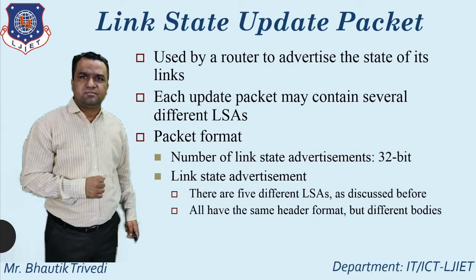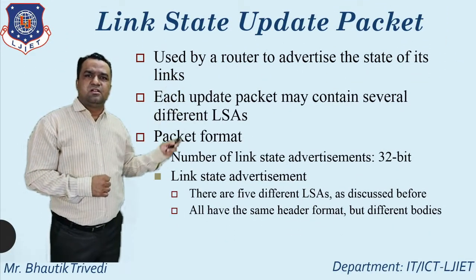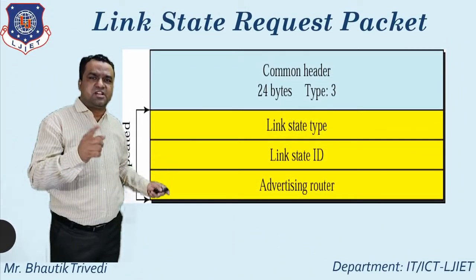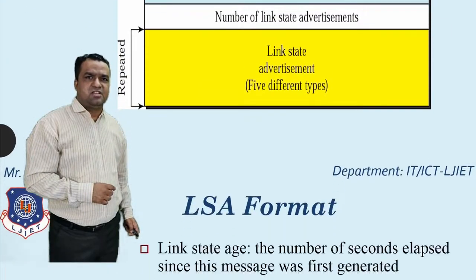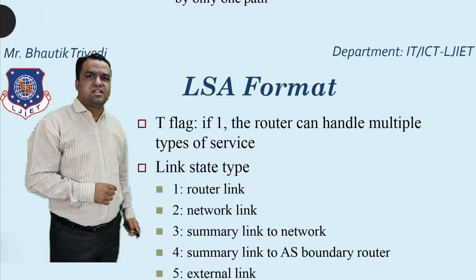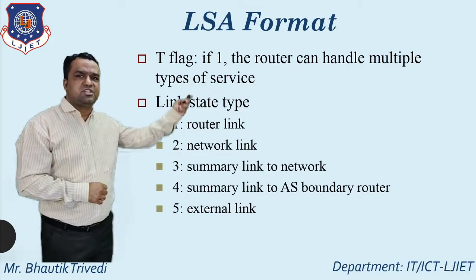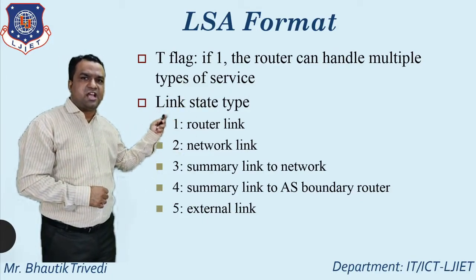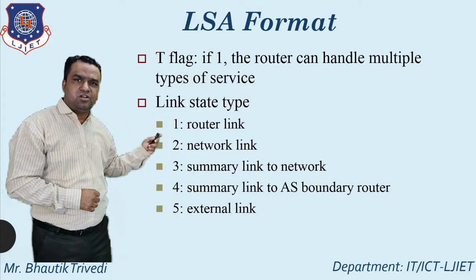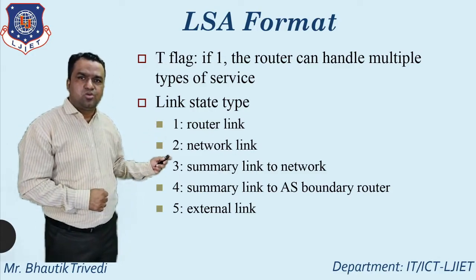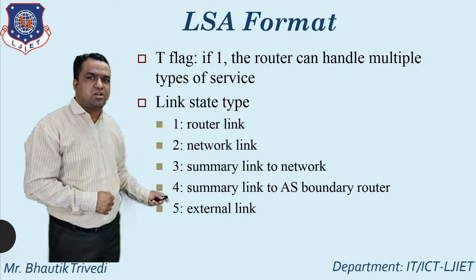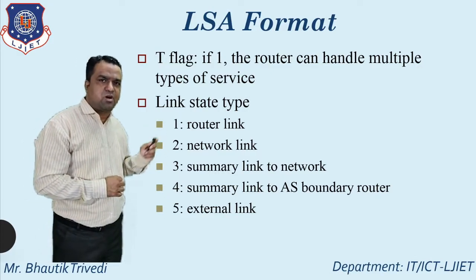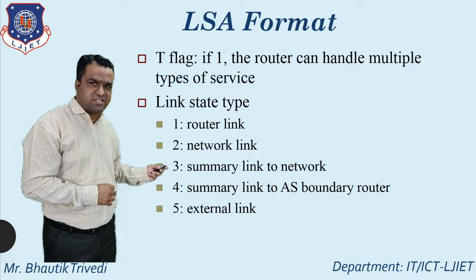So here you just see, this is the concept of the link state request. Generally, link state type supports which particular format? Here you just see, link state type generally supports 1 means router link, 2 means network link, 3 means summary link to network, 4th means summary link to AS boundary router, and 5th means external link.